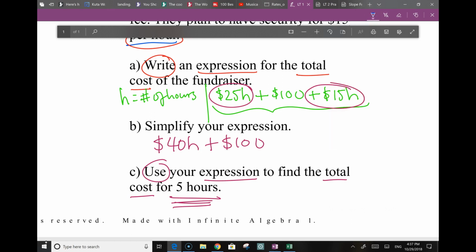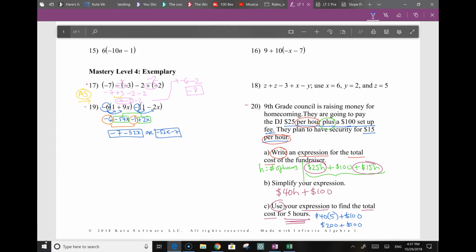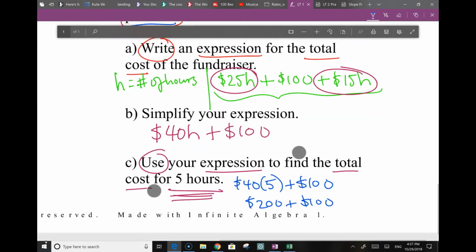It's going to look like this. So I have 40 times 5 plus 100. $40 times 5 hours would be a total of $200 for that, plus the cost of the setup fee, which is $100.